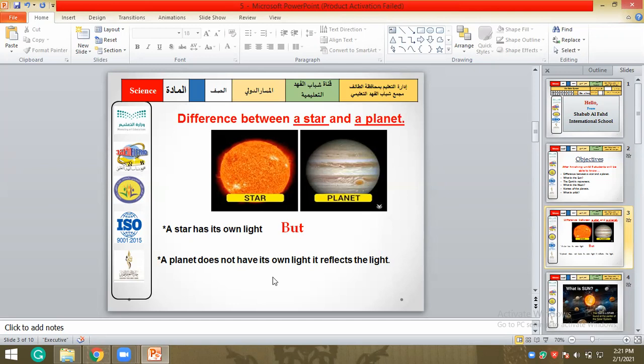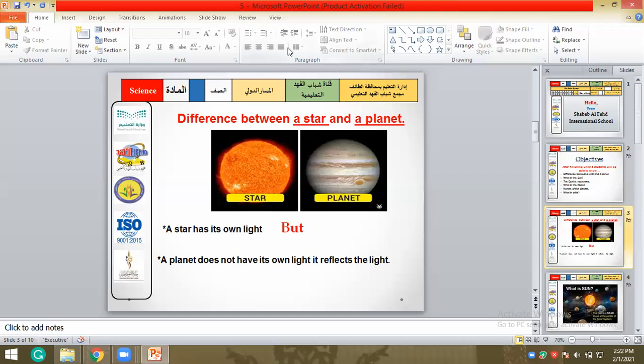Okay, so the difference between a star and a planet: a star has its own light, but in a planet there is no light of its own.